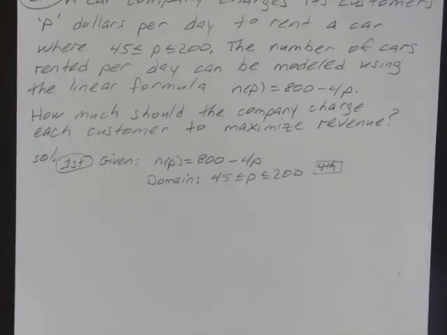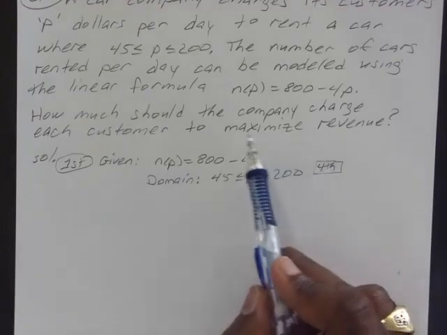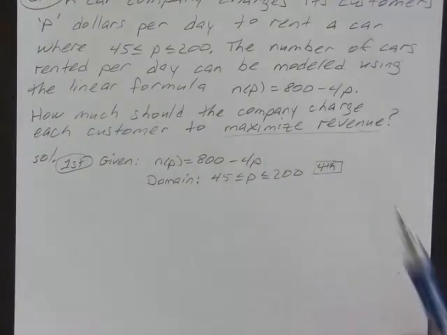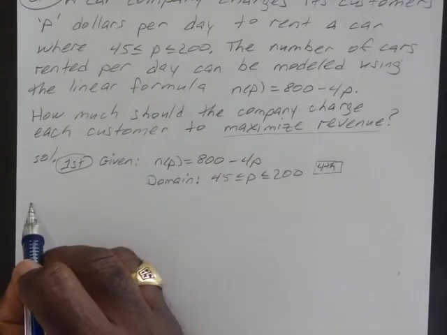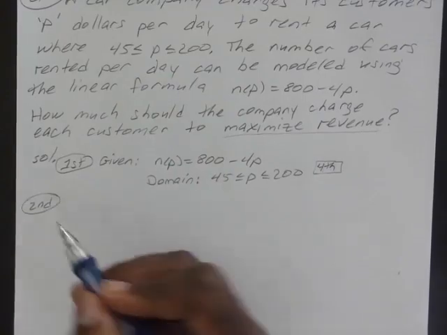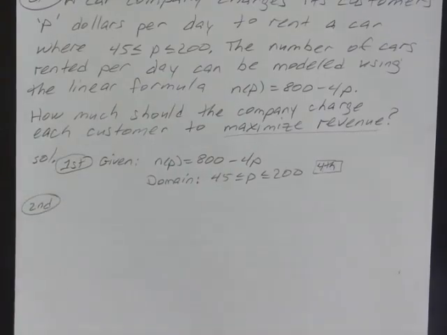Okay, so now we have to look for our primary equation, and we're looking to maximize revenue. So we know that our primary equation should involve the revenue. You can't maximize revenue if you don't have the equation for the revenue.